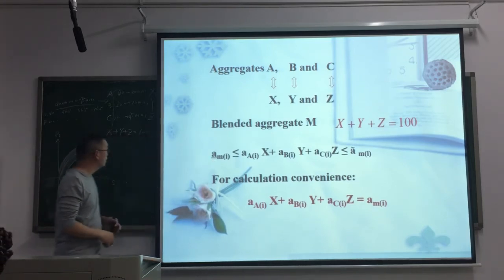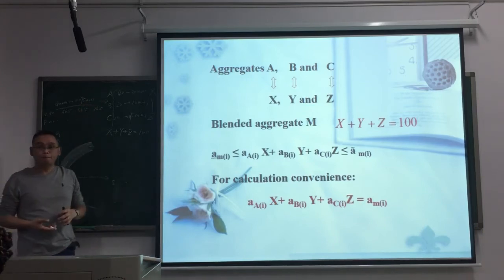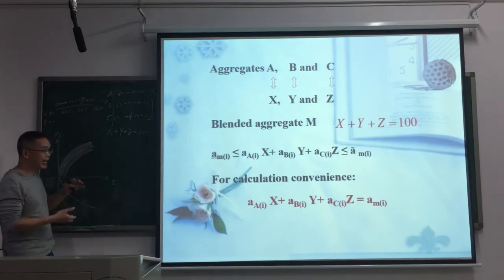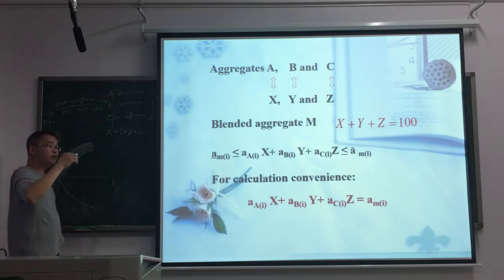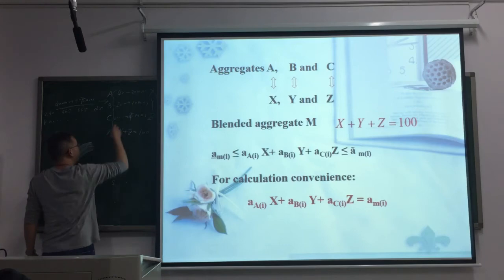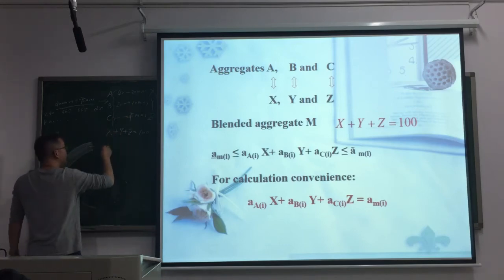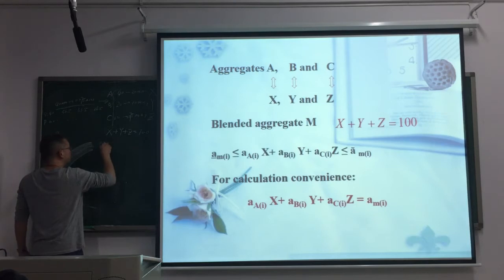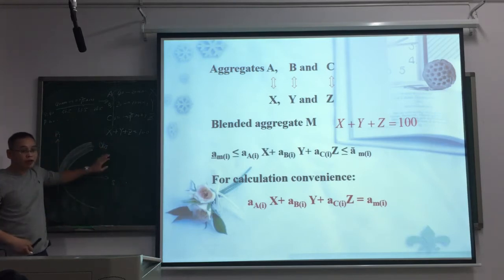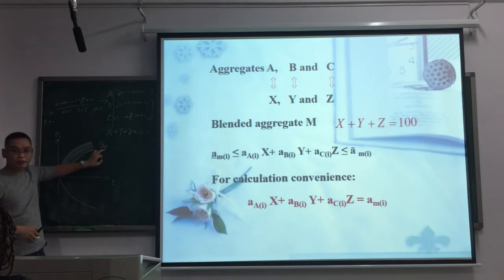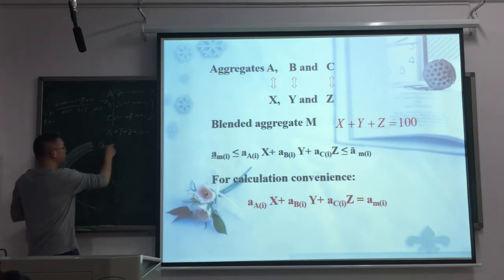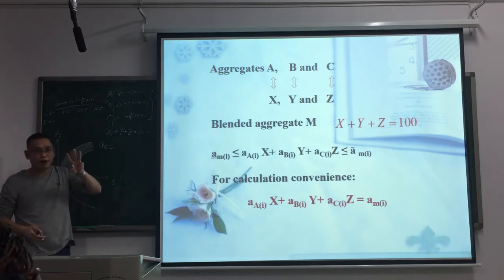And then maybe this one is difficult. When they mix together, we can get each kind of size. For example, for the size of 15 in the mixture, it comes from three parts.